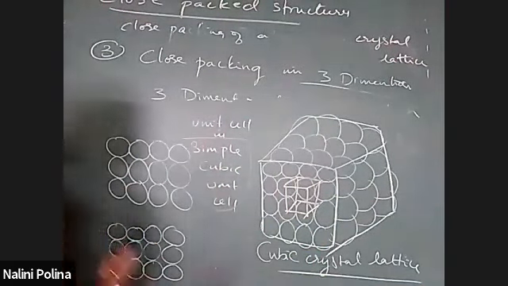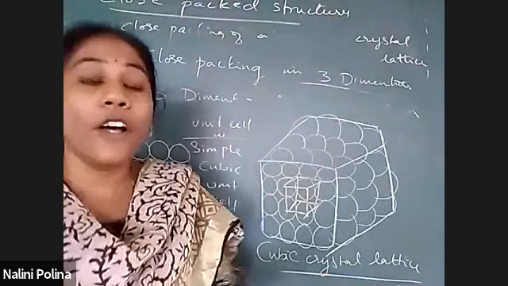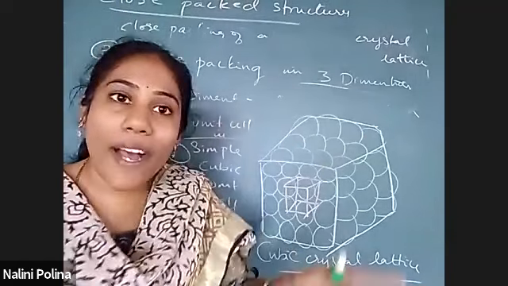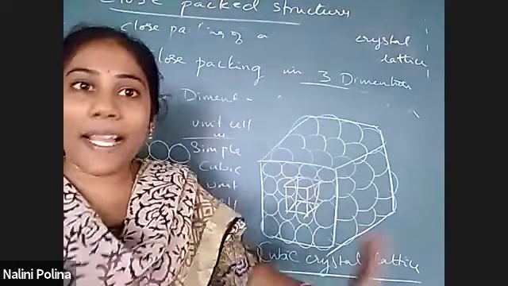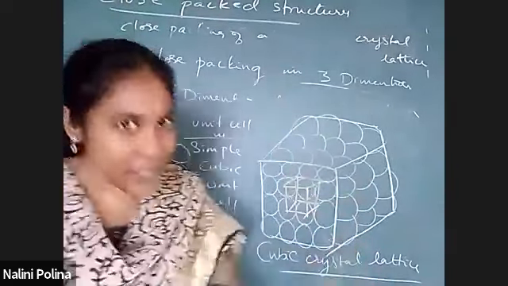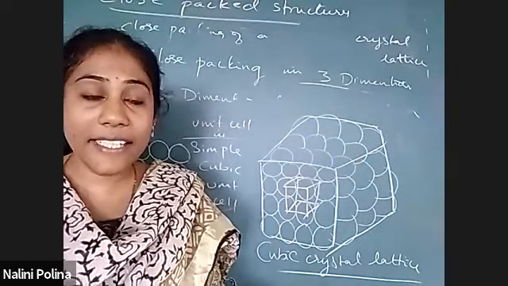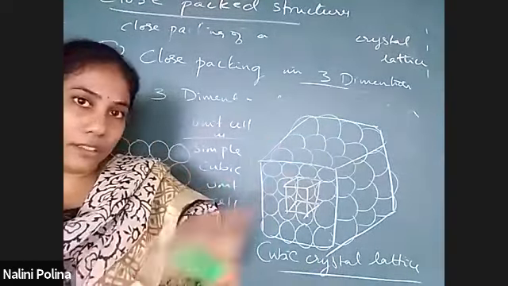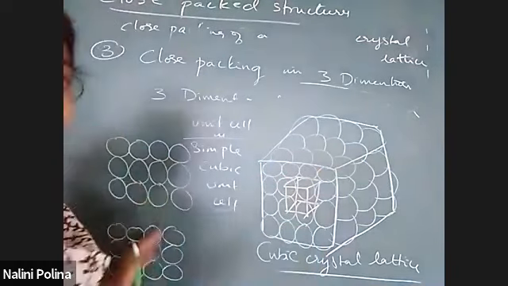Okay, so this is all about the 3-dimensional arrangement of square close packing. Now square close packing is complete. Now hexagonal close packing, that is really very important because it is the more efficient way of arranging, right? So how hexagonal close packing can be done in 3 dimensions, that's what we will learn now.